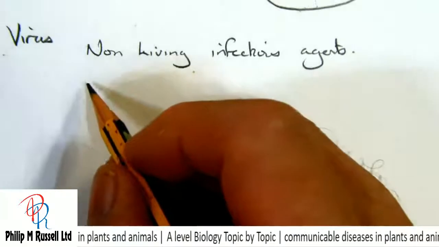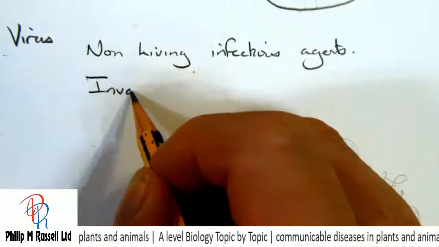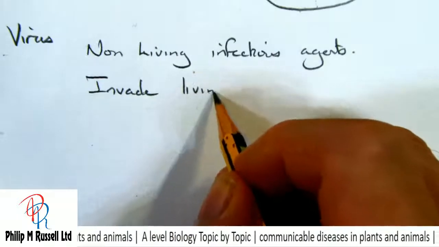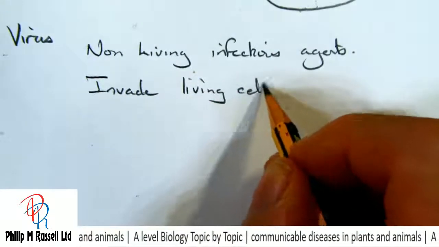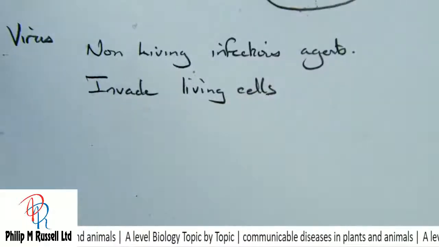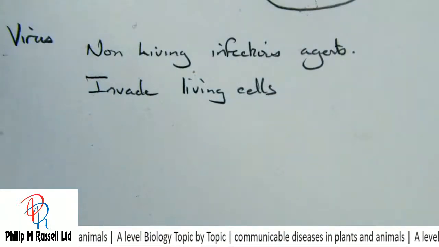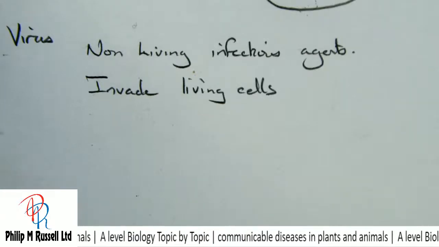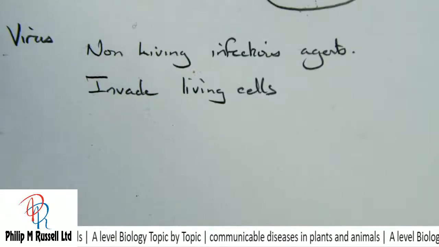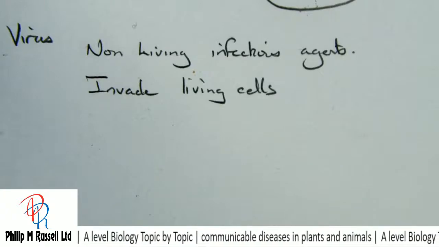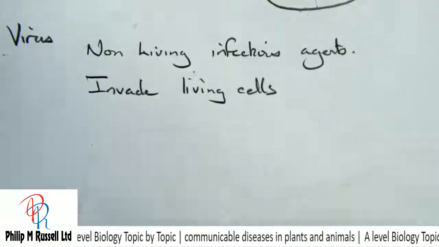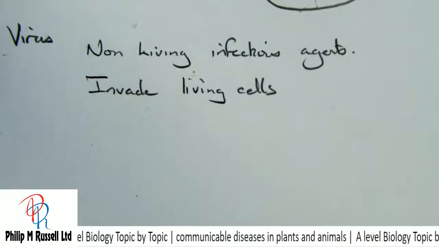Viruses basically only work by invading living cells. And once they're in there, their genetic material takes over the biochemistry of the host, and that makes adaptations to the host, which makes these really very successful pathogens.